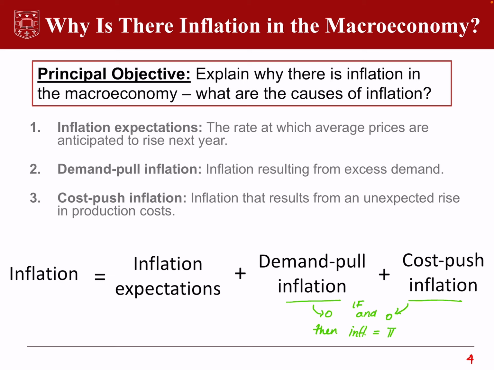If you recall our earlier notation, we used pi as the symbol for inflation and superscript e for expectations. So, the underlying rate of inflation today is the one that is expected. And then, if there is positive inflation from demand pull reasons or cost push reasons, then the rate of inflation would be higher by that amount than the expected rate of inflation, and vice versa. So that's what we're going to turn to next.